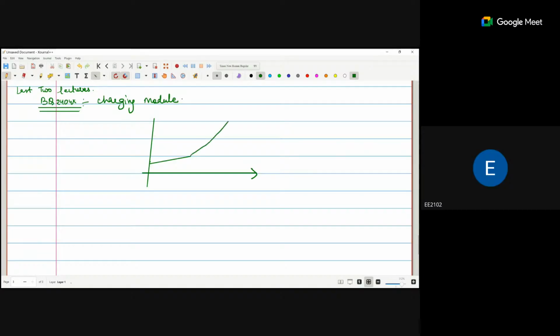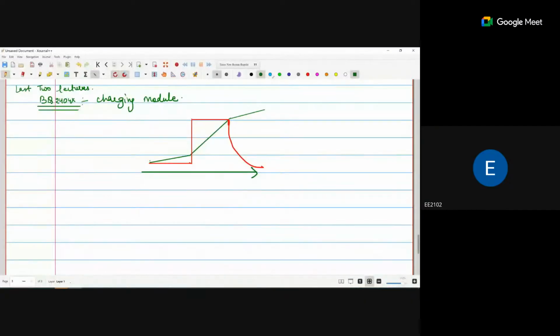One, it will be called the pre-charging.